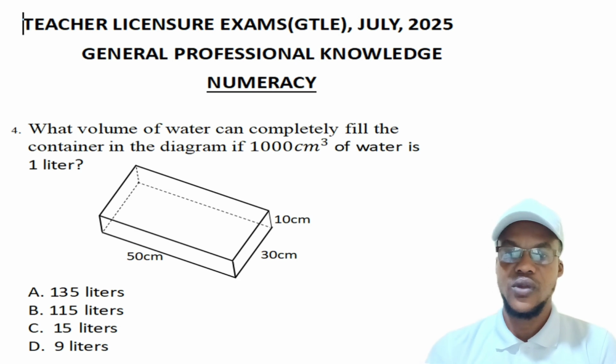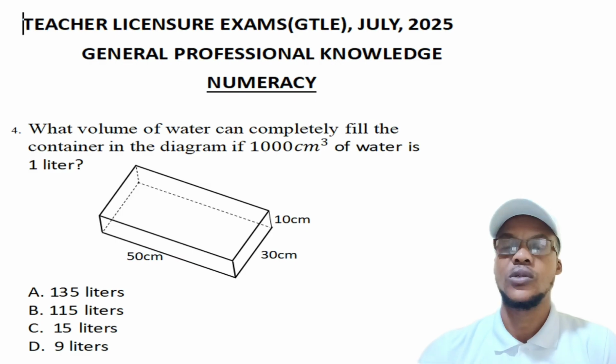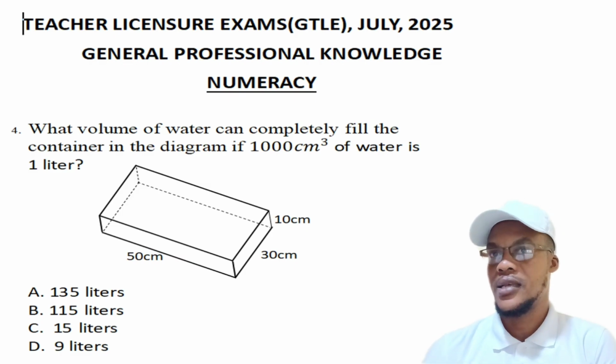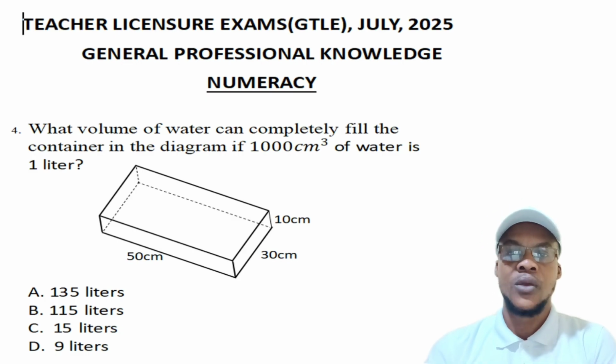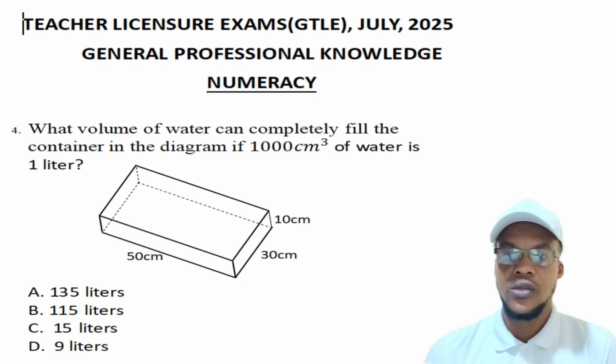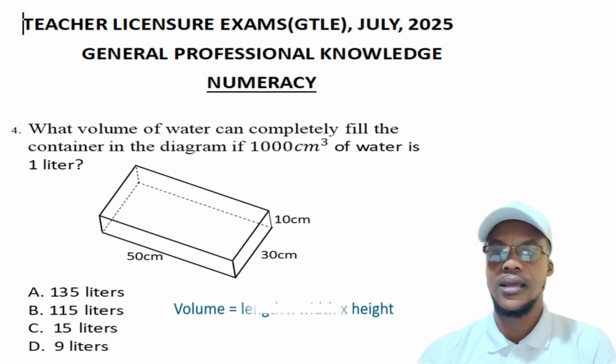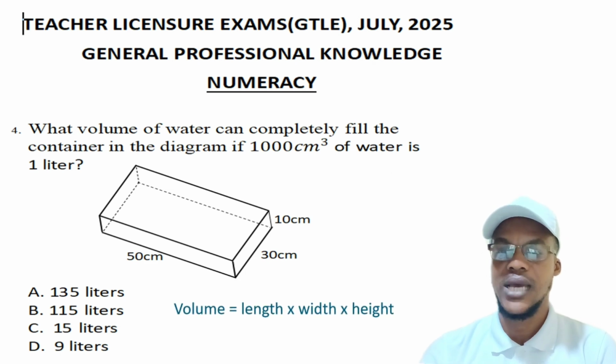The same way a square looks, the same way a cube also looks. In this case, we are looking at the volume. So you need to know how to find the volume of a cuboid. We know that the volume of a cuboid is given as length times width times height.